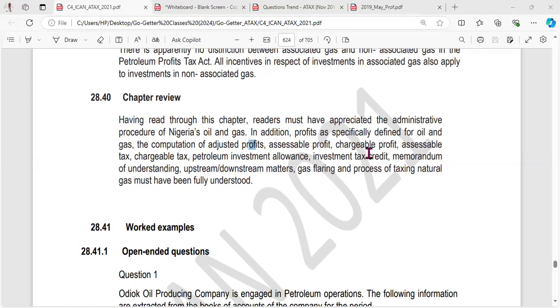Today, we'll be talking about oil and gas taxation. Now, this is part 3. In part 1 and part 2, we talked a lot about the theoretical aspects of petroleum profit tax.